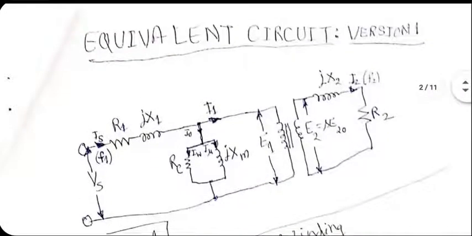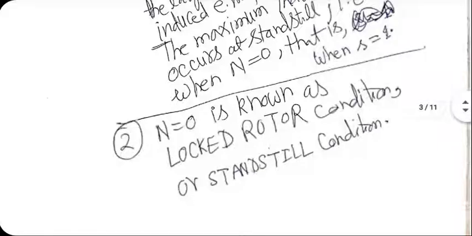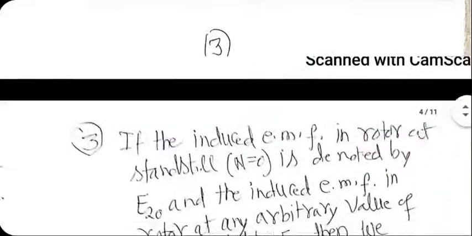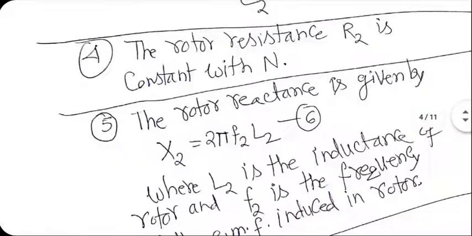However, the rotor inductance L2 will be constant, but 2 pi f L2 will keep changing because f will keep changing on the rotor side, depending on the slip. It's a frequency dependent circuit on the rotor side. Slip dependent circuit actually.